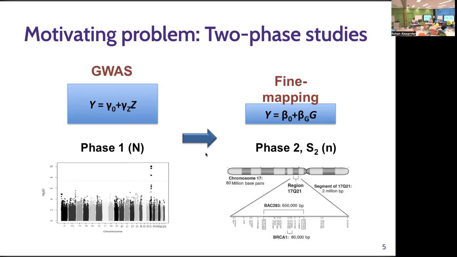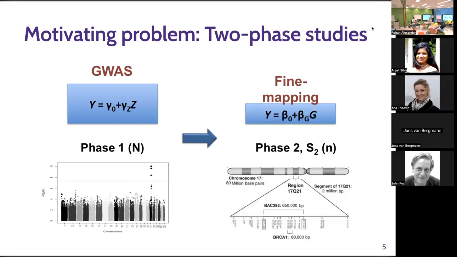So you want to identify a subset of people in phase 1 that provide more informative data. You would use the trait, maybe covariate information, maybe your GWAS hits, to inform this phase 2 sample with a small sample size.